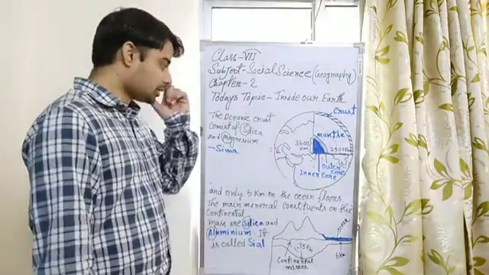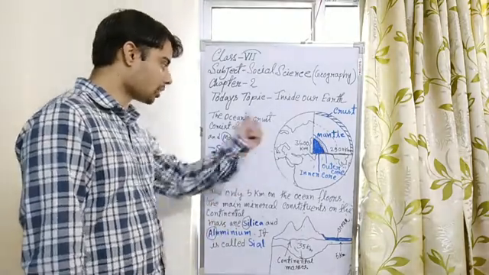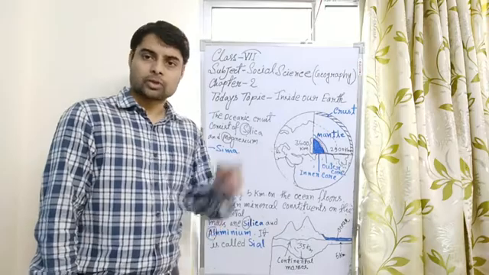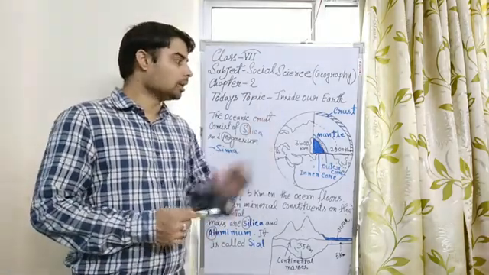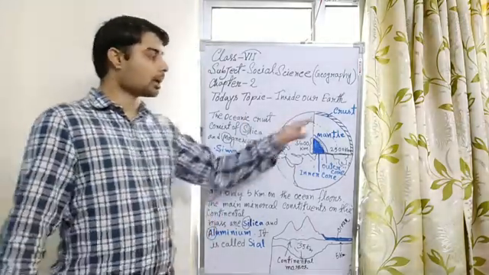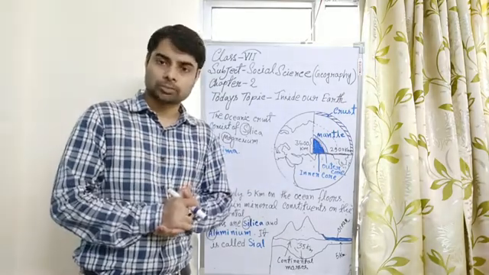Now we will discuss the next layer of the earth. But before that, I want to tell you another point about the crust. You should know the definition of lithosphere.